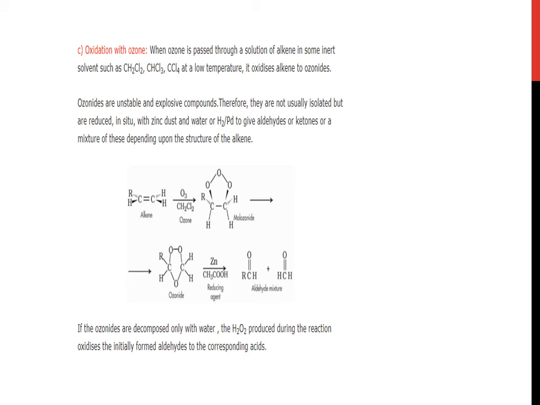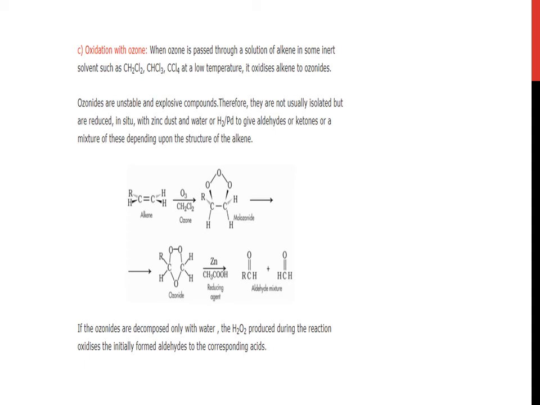Therefore, they are not usually isolated but are reduced with zinc dust midway through the reaction, and then hydrogen or palladium gives aldehydes or ketones or a mixture of these depending upon the structure of the alkene. Now, let us discuss this reaction.